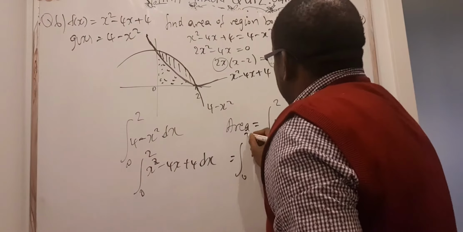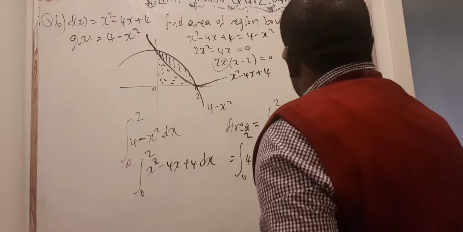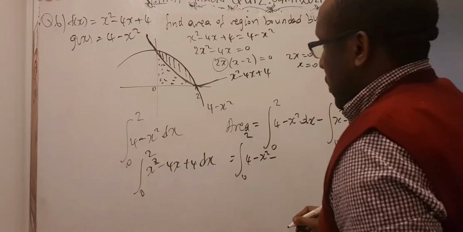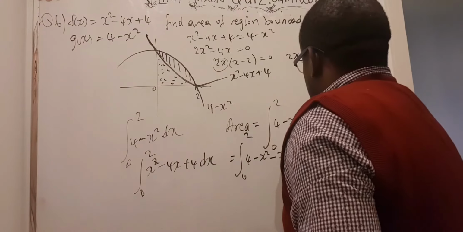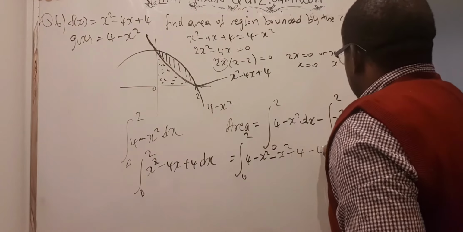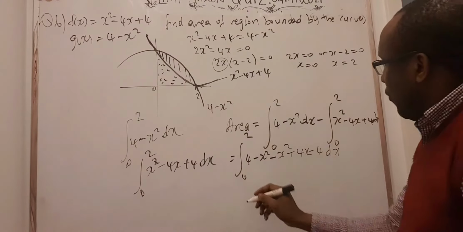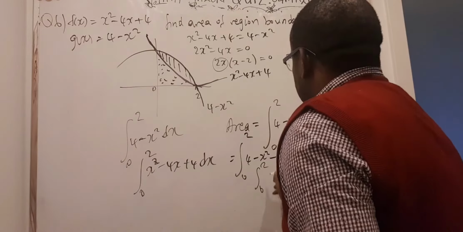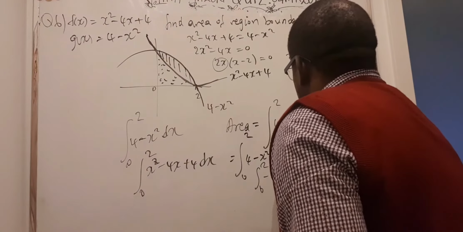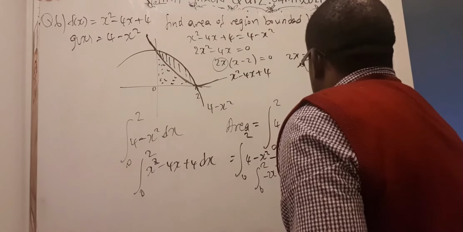So this is going to be the integral from 0 to 2 of 4 minus x squared minus x squared plus 4 minus 4 dx plus 4x. So you see this 4 here goes off with that one. So this is a much simpler integral: minus 2x squared plus 4x dx.